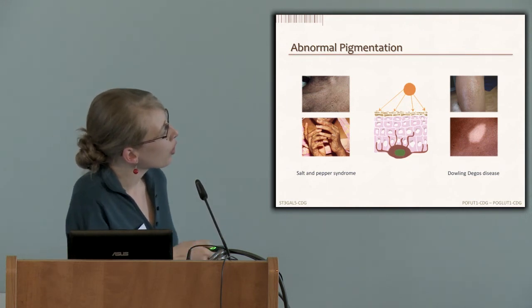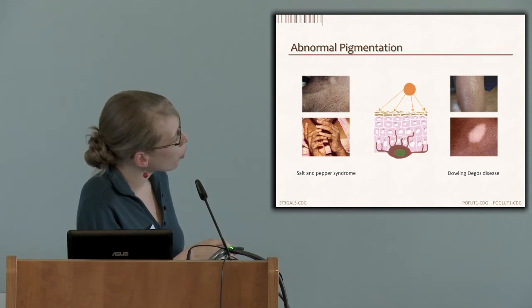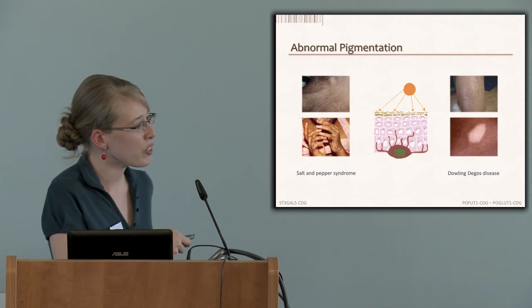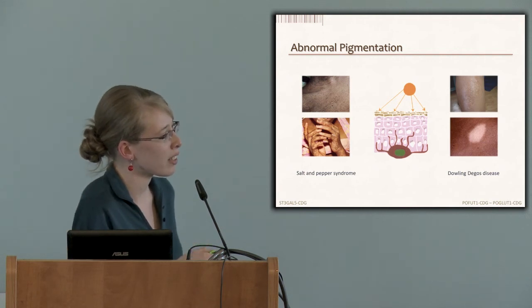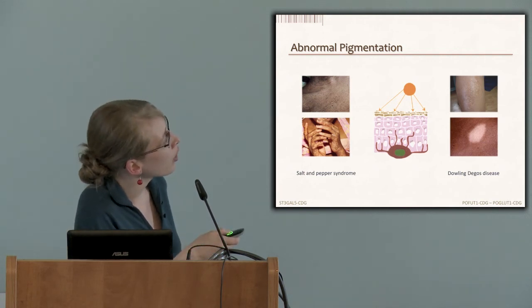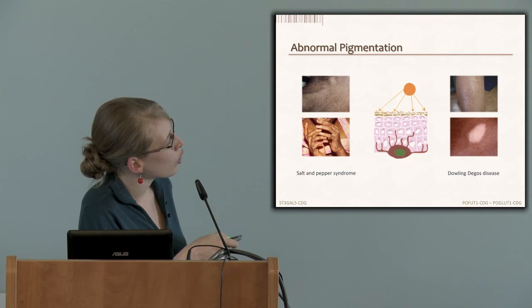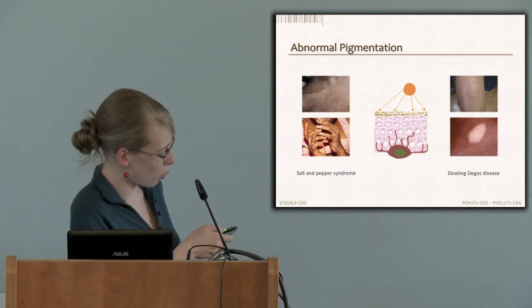Then we have POFUT1 and POGLUT1 CDG, which are both CDGs that only affect the skin and no other organ: a strange distribution of the pigmented zones, and associated with that, streaks that don't contain pigment at all.